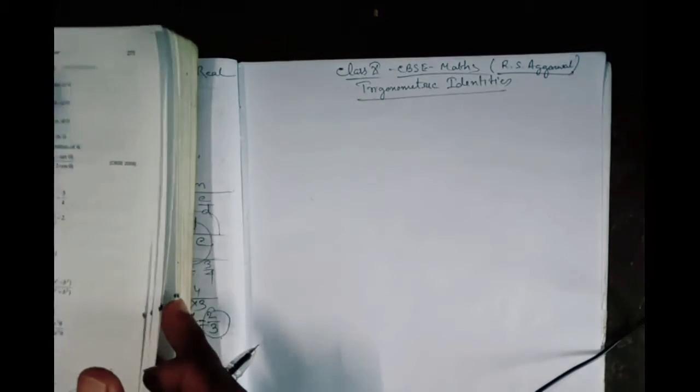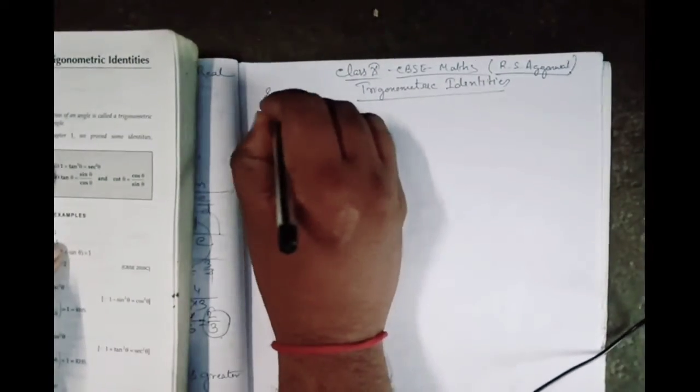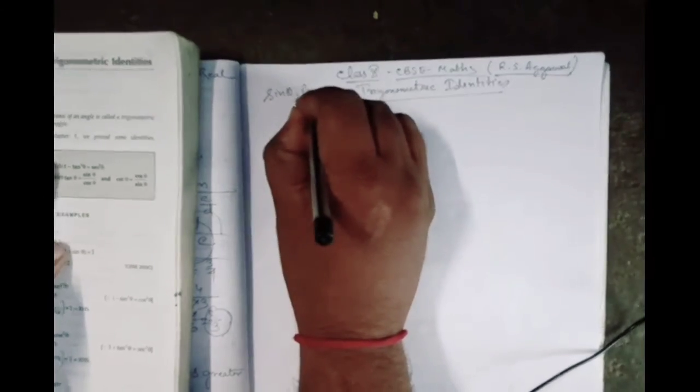The trigonometric ratios, that is sin theta, cos theta. Okay, these are the trigonometric ratios for a right angle triangle.